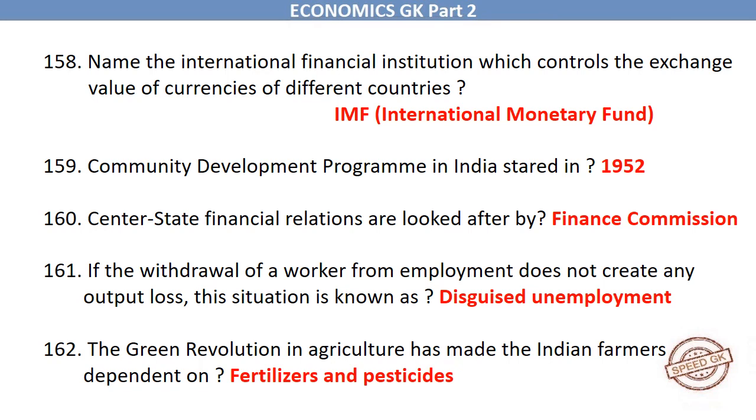Center-state financial relations are looked after by Finance Commission. If the withdrawal of a worker from employment does not create any output loss, this situation is known as disguised unemployment. The Green Revolution in agriculture has made the Indian farmers dependent on fertilizers and pesticides.